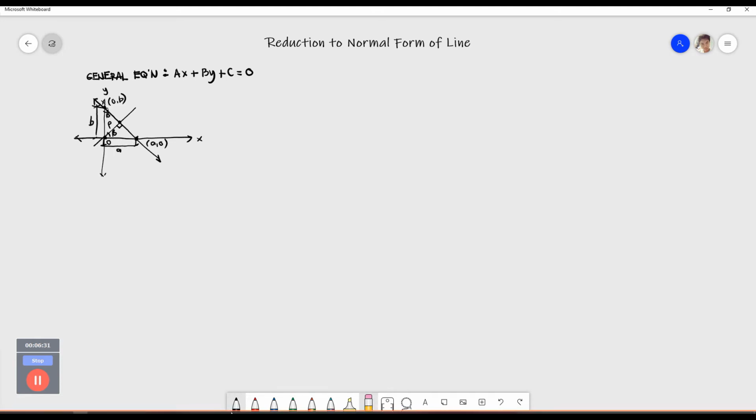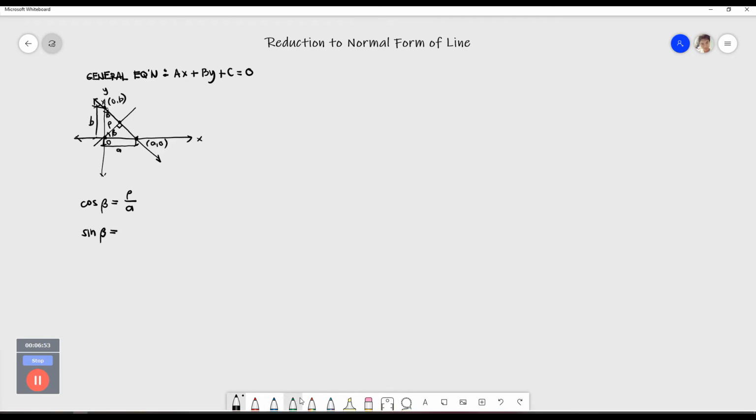Now looking into this triangle, cosine beta is the adjacent side, rho, over the hypotenuse, our x-intercept a.